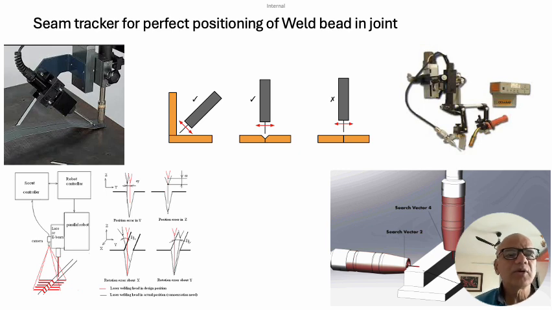In this slide we are talking about the seam tracker. If you are doing automation, the welder is able to see where the edge is and how the welding is progressing. But depending upon your welding edge preparation, you choose a point which is not going to really change in the entire 360 degrees, or from left to right, or from top to bottom, and you position your sensor like you see here.